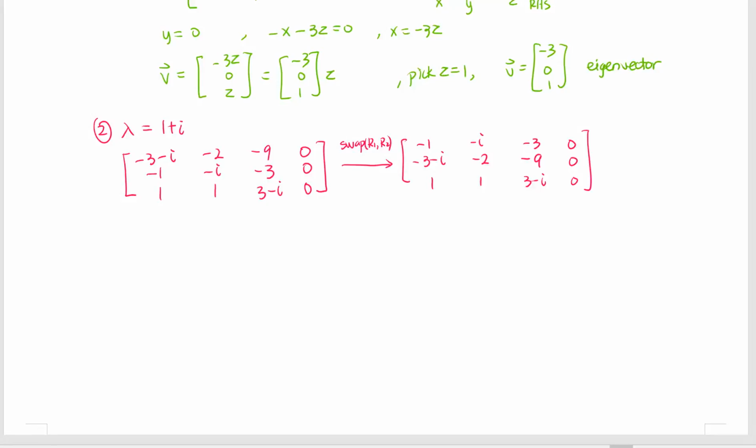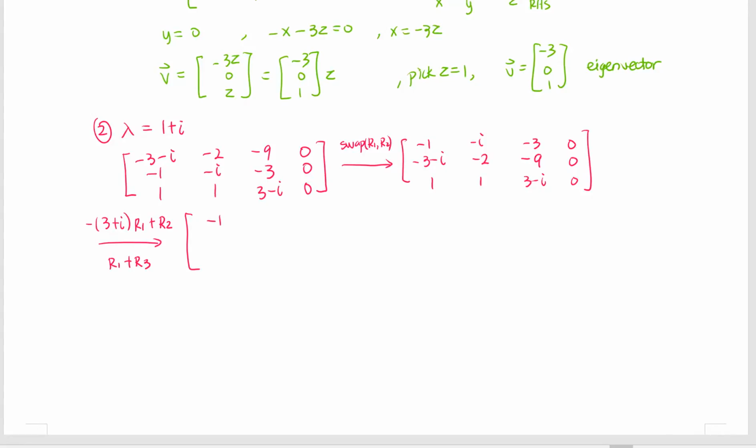So we get, we want to use the first entry to kill the entry below it. How do we do that? So we can do negative times, let me see, 3 plus i, multiplied by negative 1, R1, added to row 2, and row 1 added to row 3.